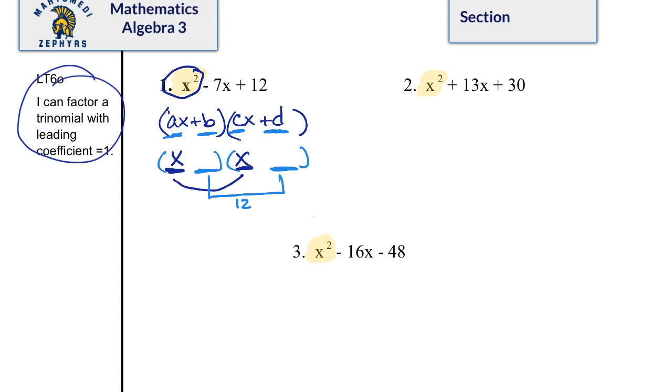However, they have to add up to that middle number, which in this case is -7. So we are looking to multiply to the last number and add up to -7 for the middle number.